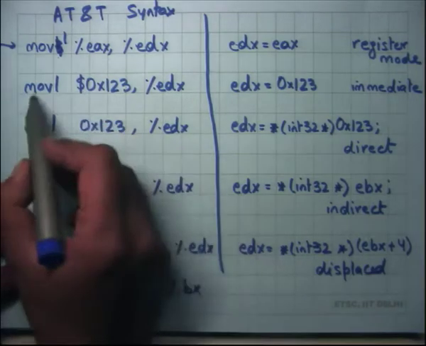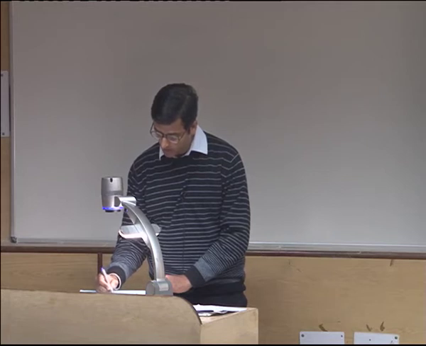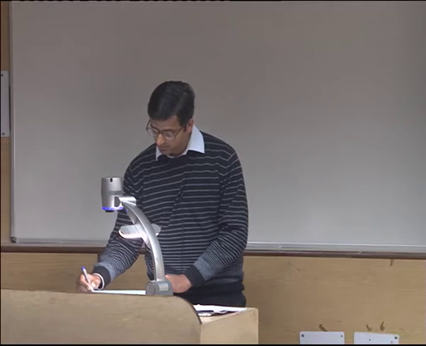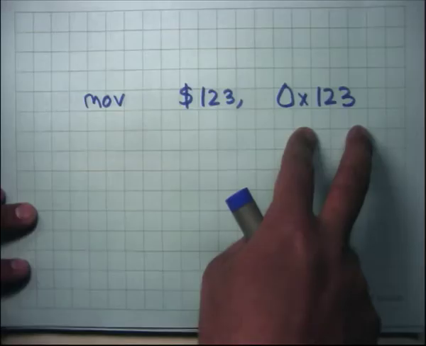For example, if I have something like move $123 to memory address 123, right? So it's basically saying move this immediate value to this memory address, and there's ambiguity here because you haven't specified the operand size, and it's not possible to infer the operand size from the operands, right?